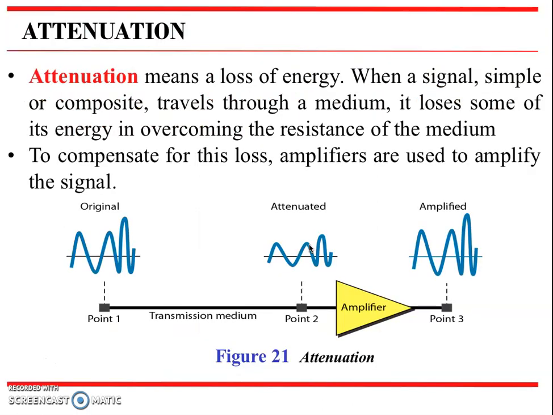Okay, look at the first type of transmission impairment. We have attenuation. So attenuation is loss of energy. Okay, when a signal, either simple or composite, travels through a medium, bila kita hantar signal tu dekat medium of transmission menggunakan kabel for example, it loses some of its energy in overcoming the resistance of the medium.